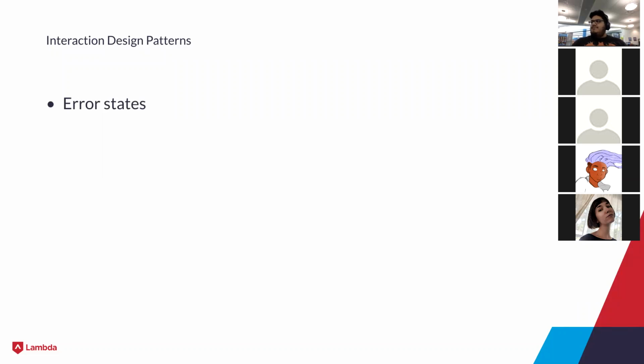So the first one is going to be an error state. That is going to let the user know that an error has occurred. We can use Google as an example. If we're typing in a Word document and we've spelled a word incorrectly, we see the red squiggly lines that appear on the bottom of the word.